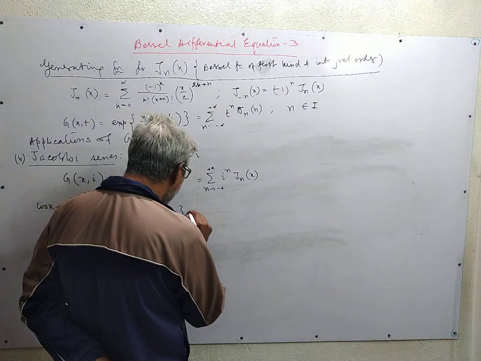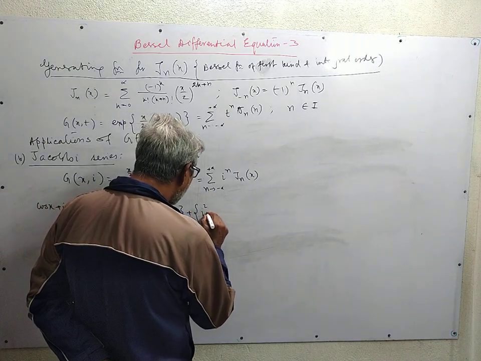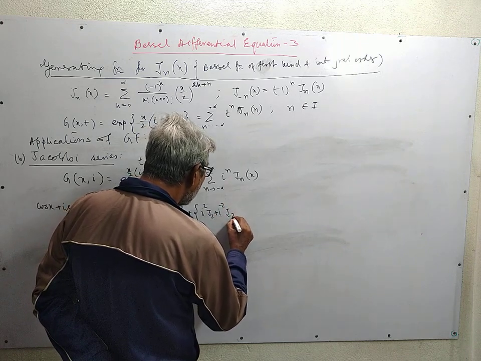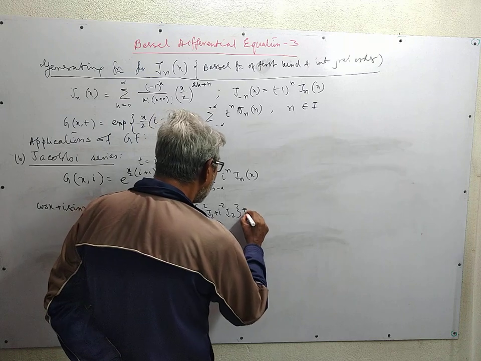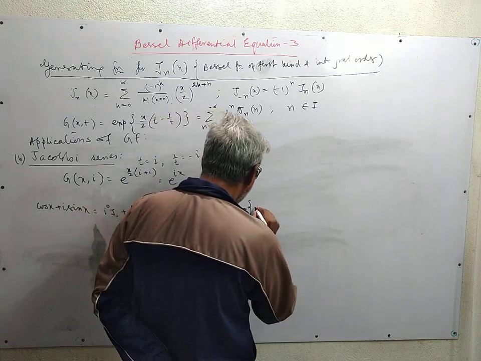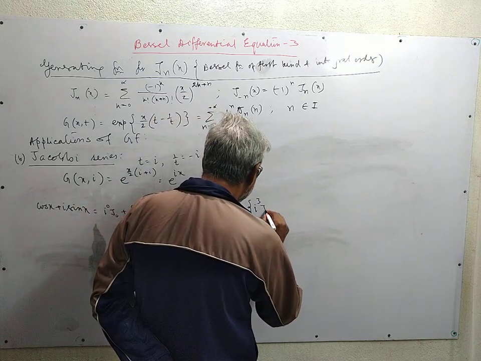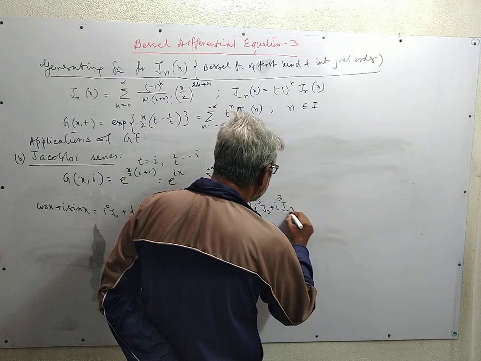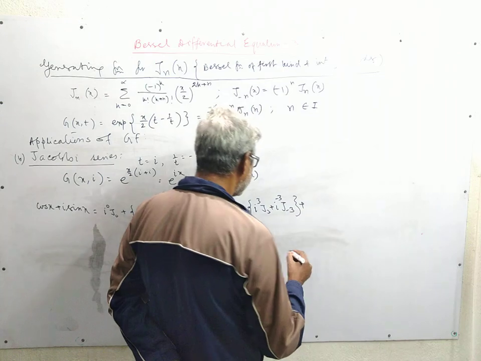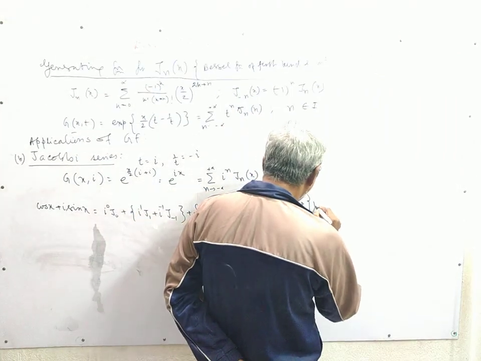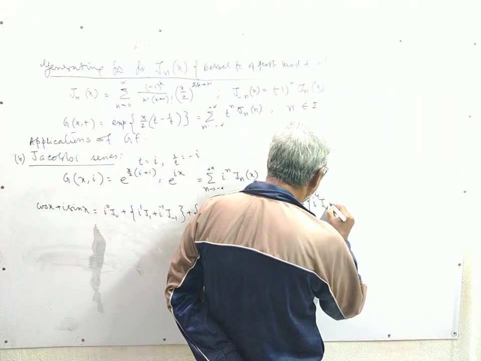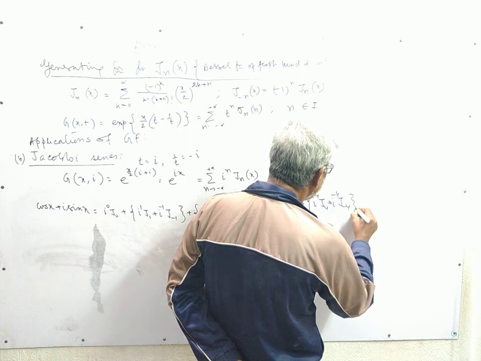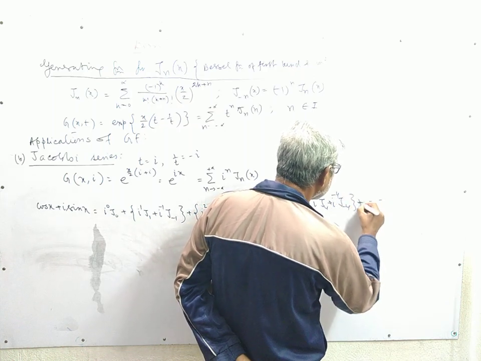Then we have i^2 J_2 plus i^{-2} J_{-2}, i^3 J_3 plus i^{-3} J_{-3}, plus i^4 J_4 plus i^{-4} J_{-4}, and such similar things.